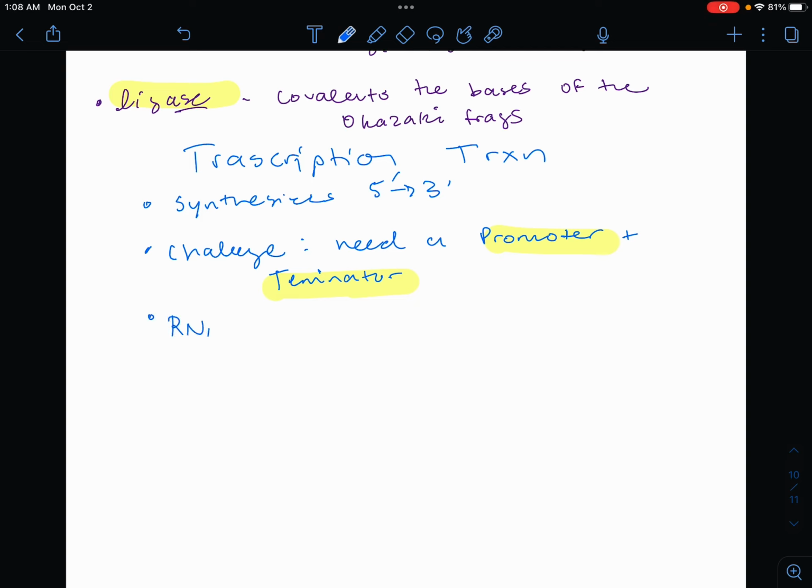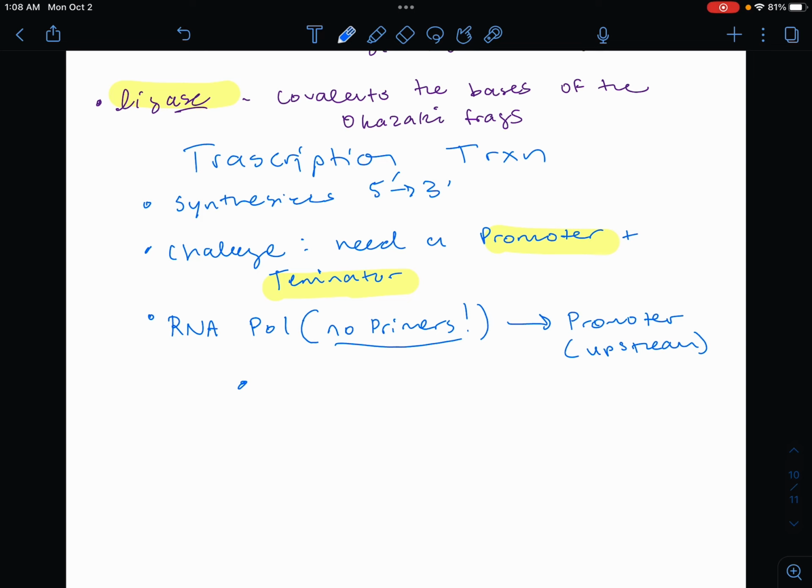RNA polymerase doesn't need any primers. And this goes to the promoter. The promoter's upstream of the region that is of interest to transcribe.